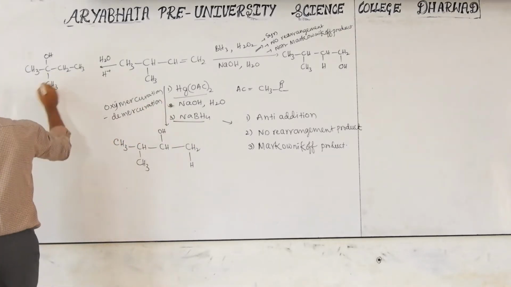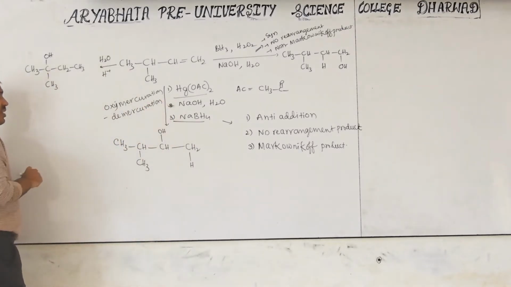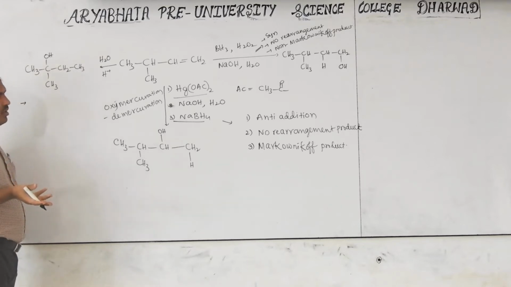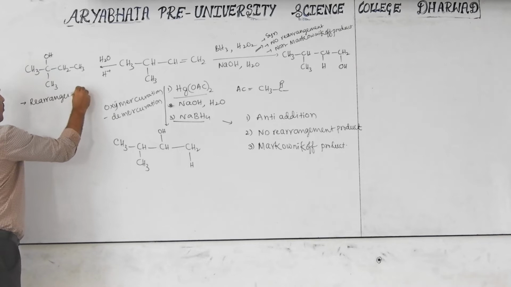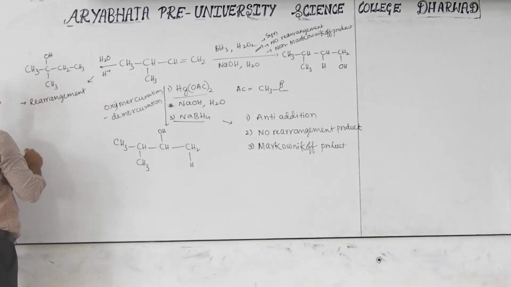This is called just alkene reacting with water in acid medium. Here you can observe there is no syn or anti addition here, because both are possible: carbocation formation is planar, so the attack can be up or down. Now the question is, in this case rearrangement is possible.